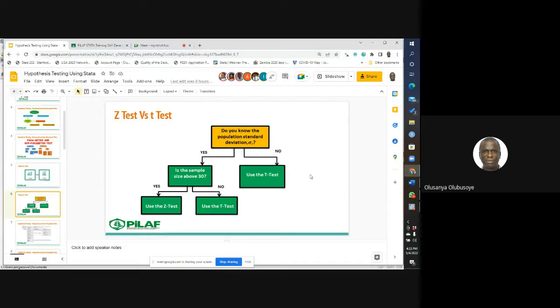Okay, sir. So I think I mentioned that here. The reason is that the normal distribution has two parameters that characterize the distribution. That is the mean and the standard deviation, or variance.